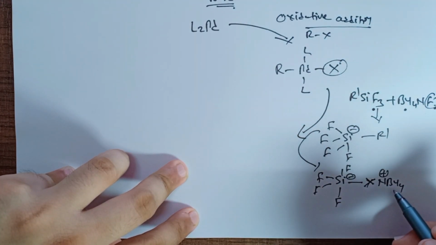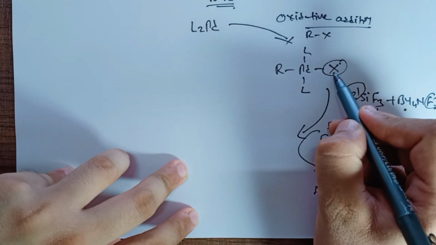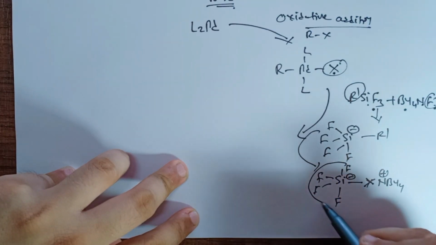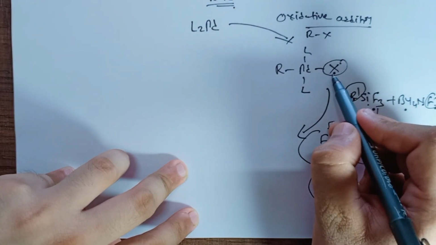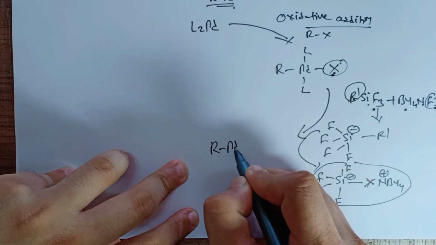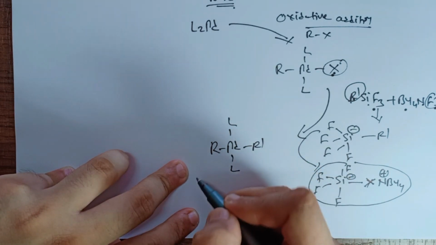So now what will happen? Now this R dash is replaced over here. By reaction of these two molecules, we are producing a byproduct. This R dash will be replaced from the X group. So now what will happen? Here we are having R palladium L over here, and here we are having L dash.